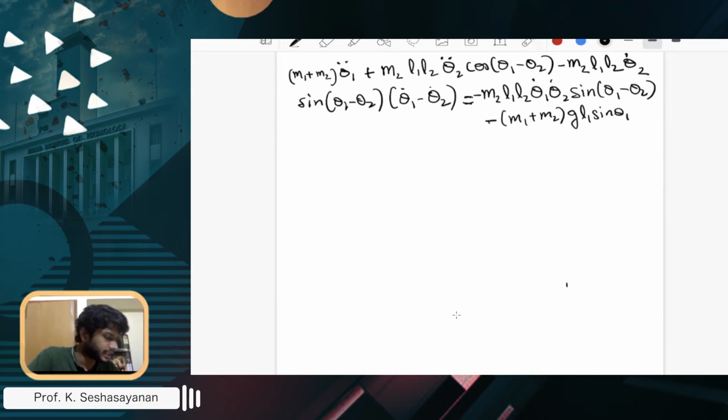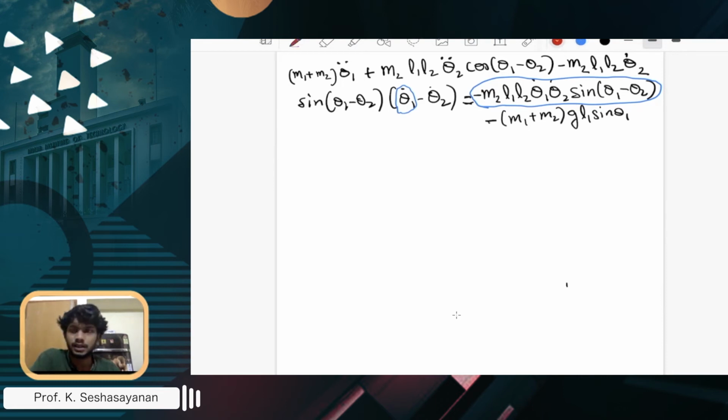So one can see that, for example, this term is the same as the term which comes out from this term. So we have theta 1 dot times m2 L1 L2 theta 2 dot sine theta 1 minus theta 2, which is the same as the term on the right hand side.